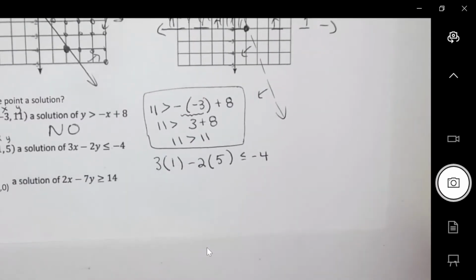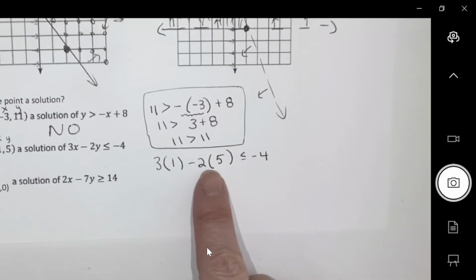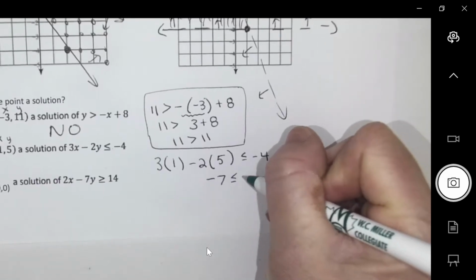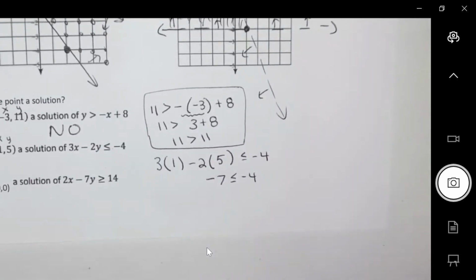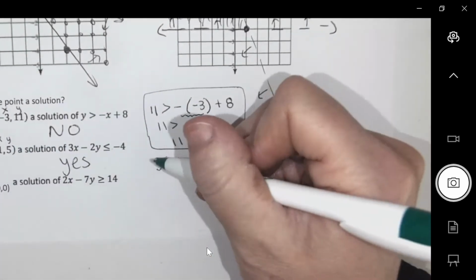Okay, so this, you can do this in your calculator, whatever, but I'm going to do it in my head here. 3 minus 10, so 3 subtract 10 is negative 7. And what do we think about that? Is negative 7 less than or equal to negative 4? Yep, it's lower than it. So, yep.